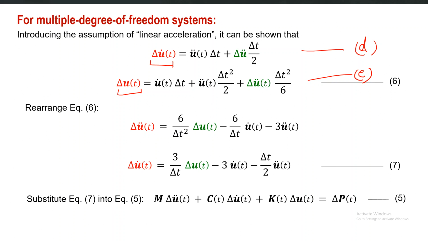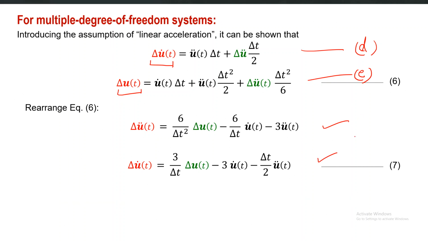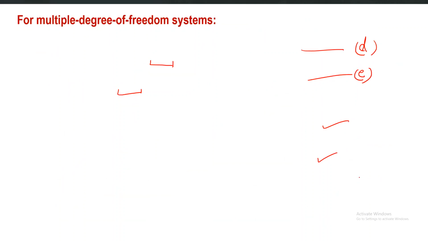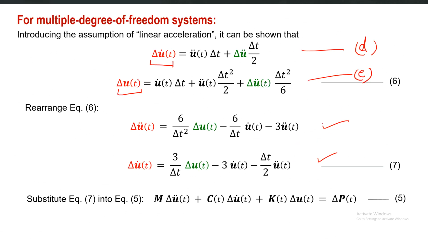We can rearrange them in a similar manner to get these two equations, which are in fact equations F and G. This is the same as equation F and this is the same as equation G. In fact, they are called equation 7 for multiple degree of freedom systems.